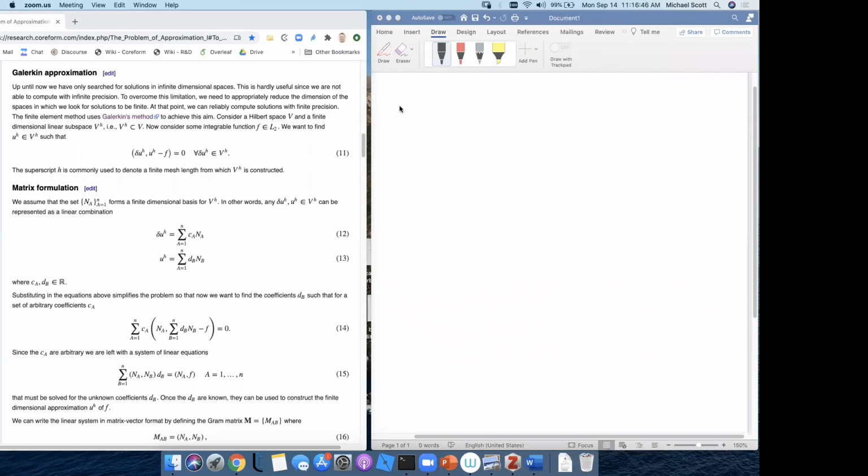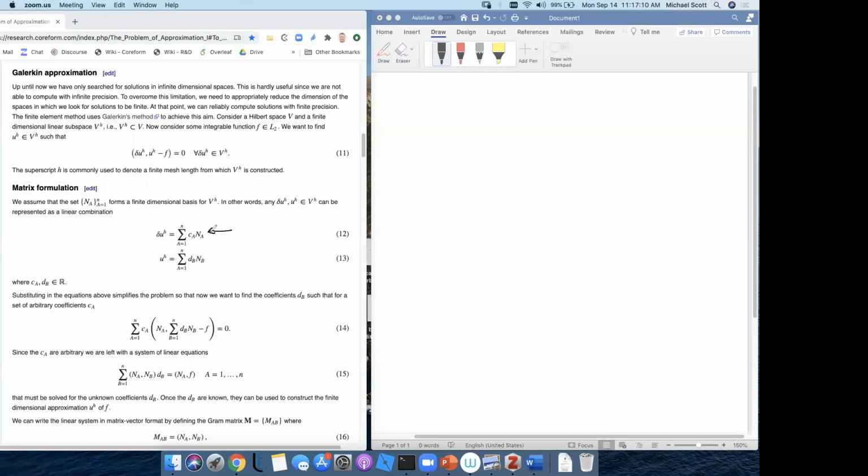Okay, so what we're going to do is we're going to leverage the fact that these guys are discrete. And so what that means is that I can write my test function, delta uh, or my trial solution, uh, as a linear combination of some coefficients times basis functions.